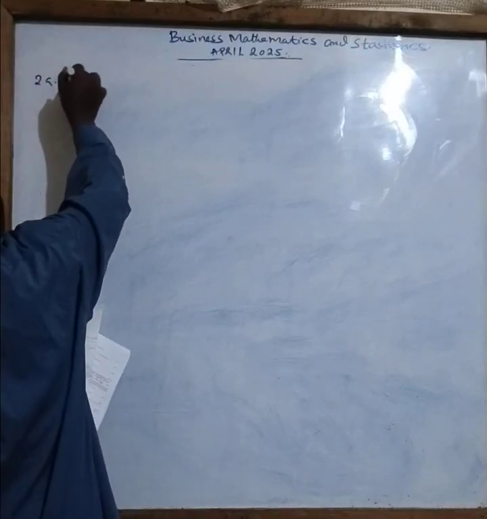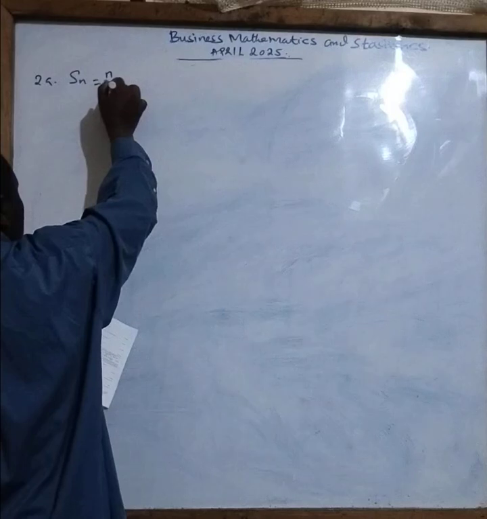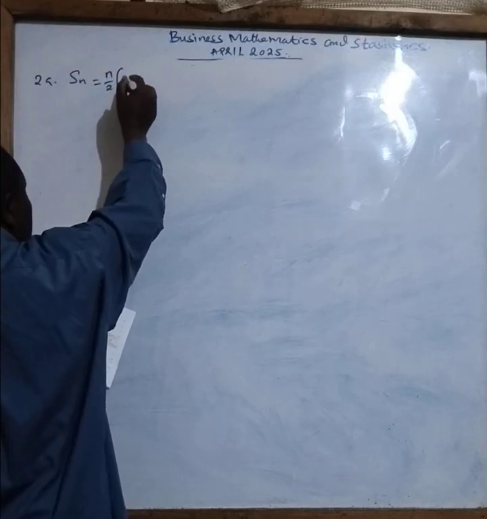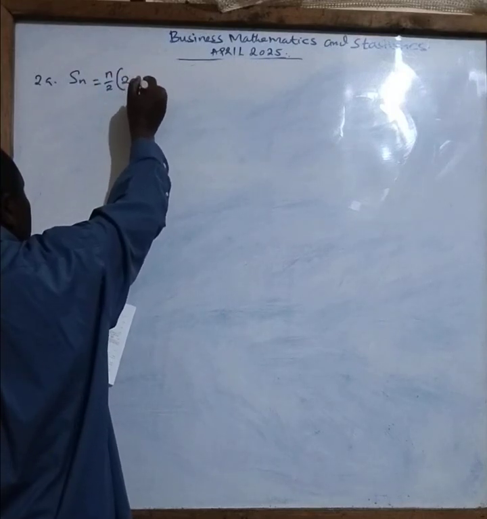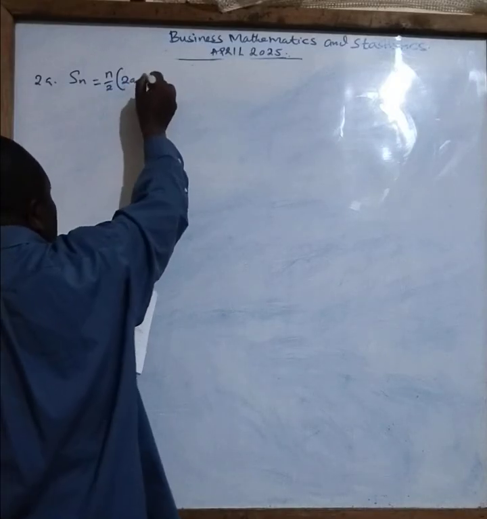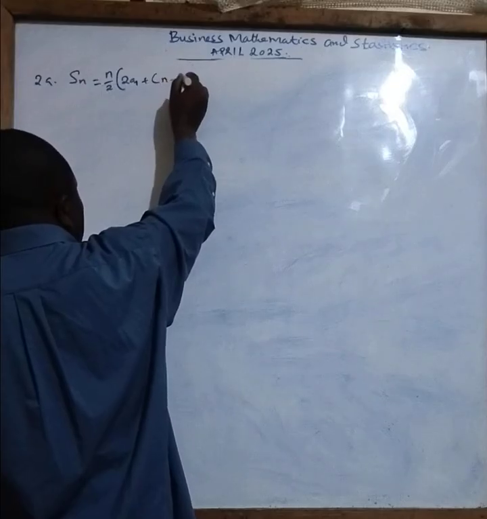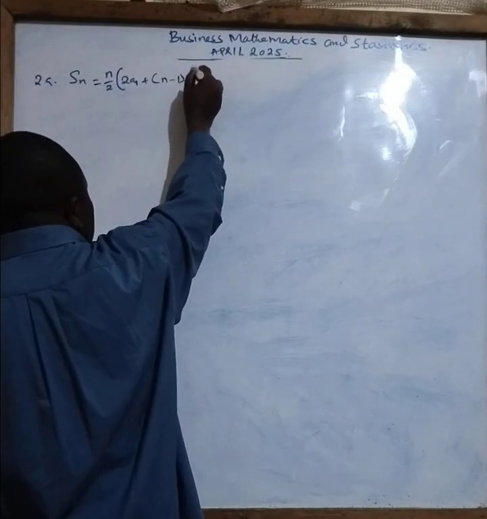For 29 we say, the sum of the nth term is given by n over 2 into brackets 2a1, or just a, let's just use 1, then plus brackets n minus 1 multiplied by d.